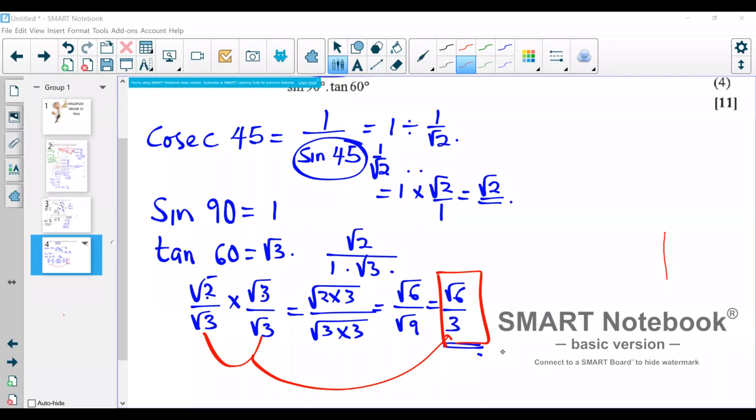Okay, Fatima. Fatima, can you hear me? All right, you type: why did I use 1 over root 2 for sine 45? That's your question.